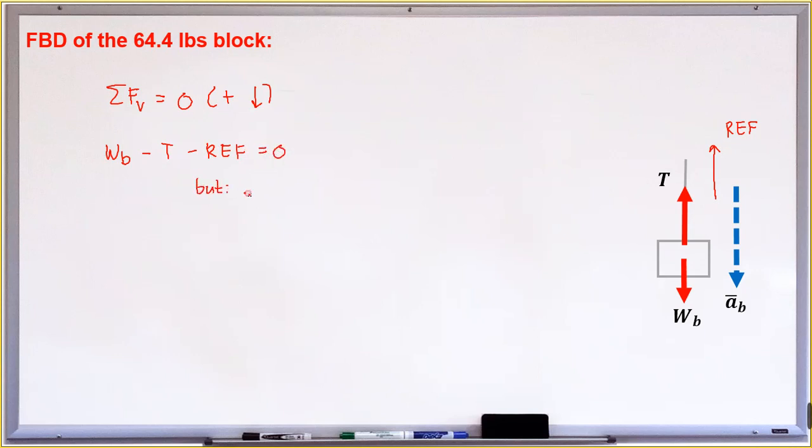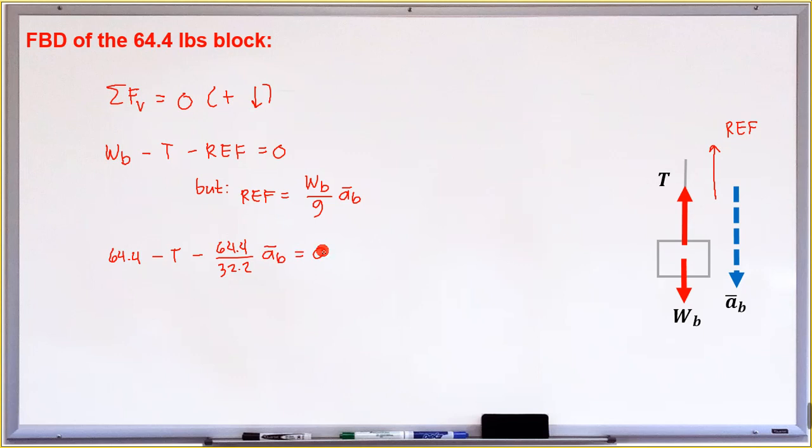But the formula for the reverse effective force, again, is equal to the weight of the block over g times the linear acceleration of the block, which is going downward. Therefore, we have the weight of the block that is equal to 128, not 128, but 64.4. So that is 64.4 minus tension minus 64.4 over 32.2, then a bar b, that is equal to 0.